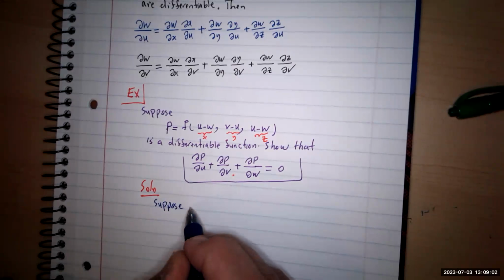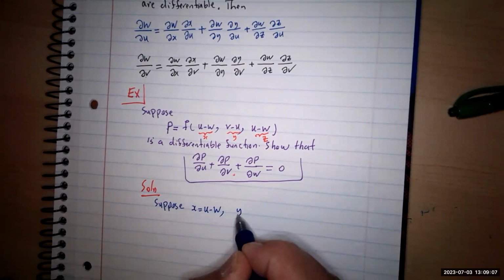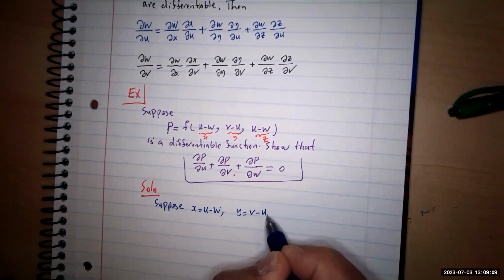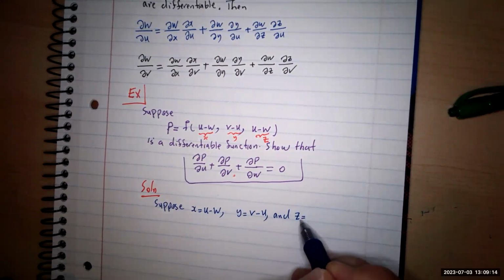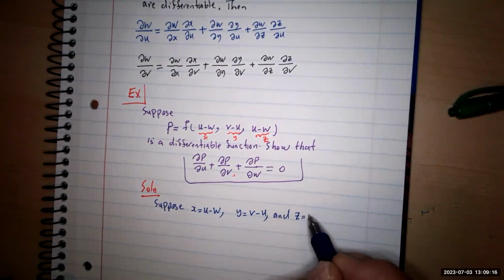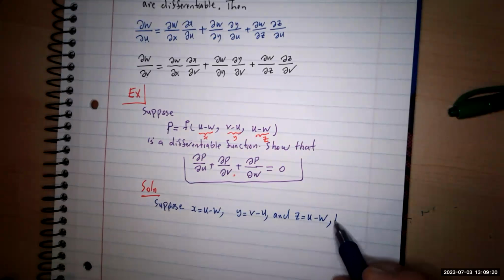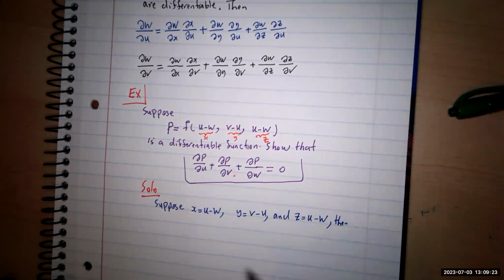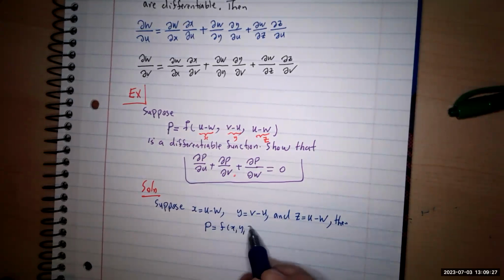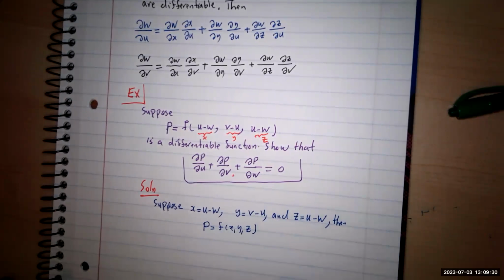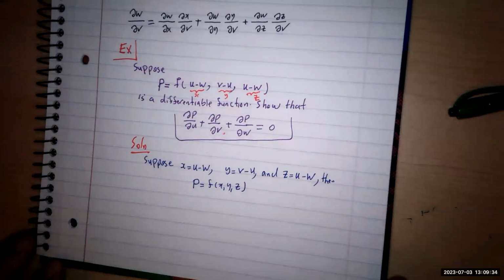So we get X equal to U minus W, Y equal to V minus U, and Z equal to U minus W. Then your function P is simply a function of three variables, X, Y, Z. That's your function. Now that's easy to differentiate, you see.